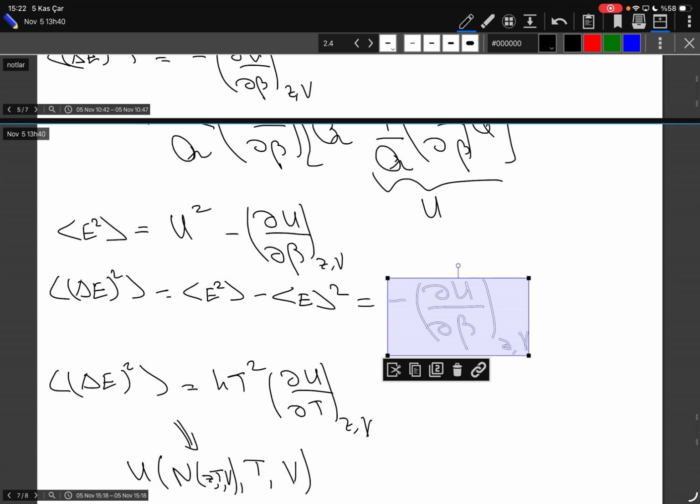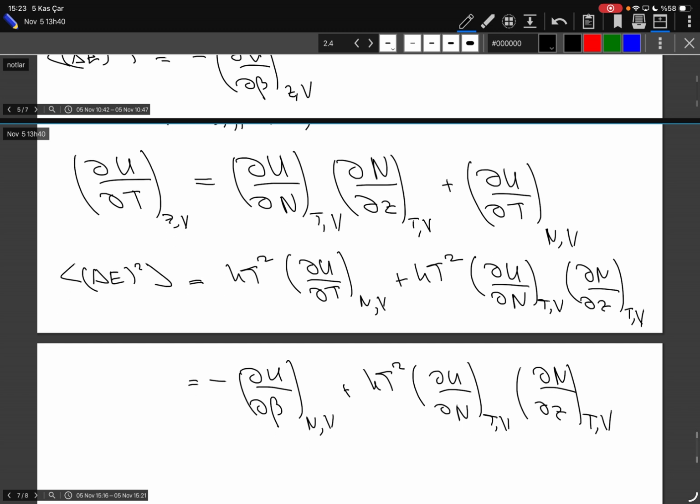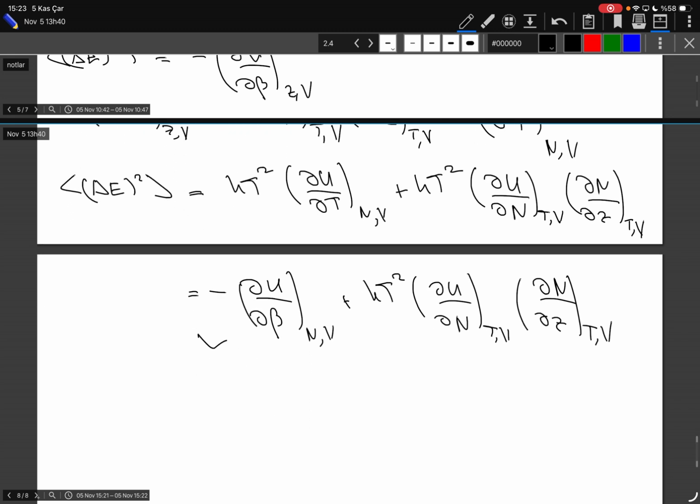ensemble. In the canonical ensemble, I will get exactly the same expression, but instead of Z, I will have N constant. So I will take the derivative of U with respect to beta at constant number of particles and V. Number of particles is constant because in the canonical ensemble it's constant. I would get, in fact, exactly this one.